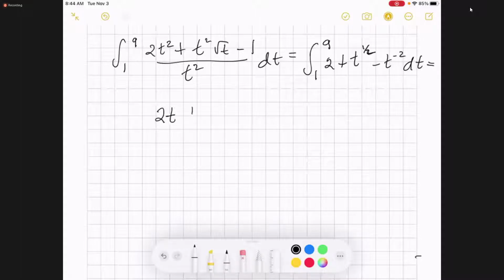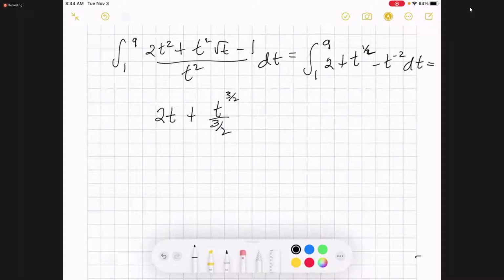What's the antiderivative of t to the 1/2? That's a tricky one because it's a fraction. It would be t to the n plus 1 over n plus 1, so t to the 3/2 over 3.